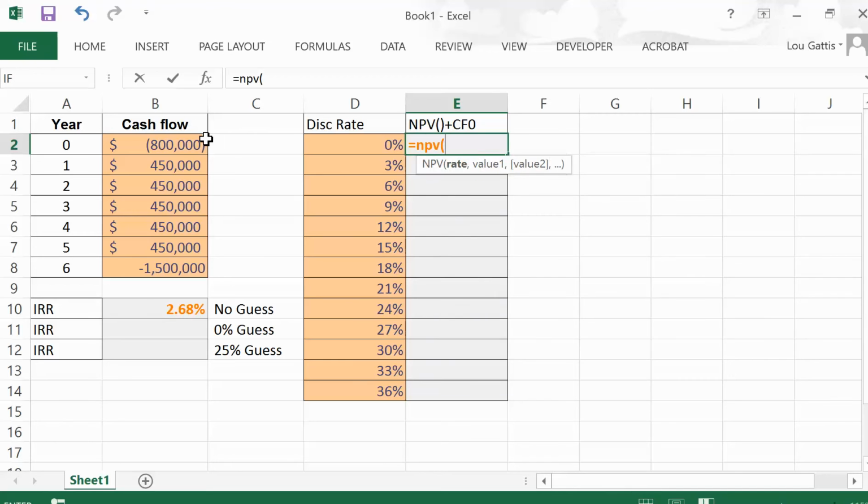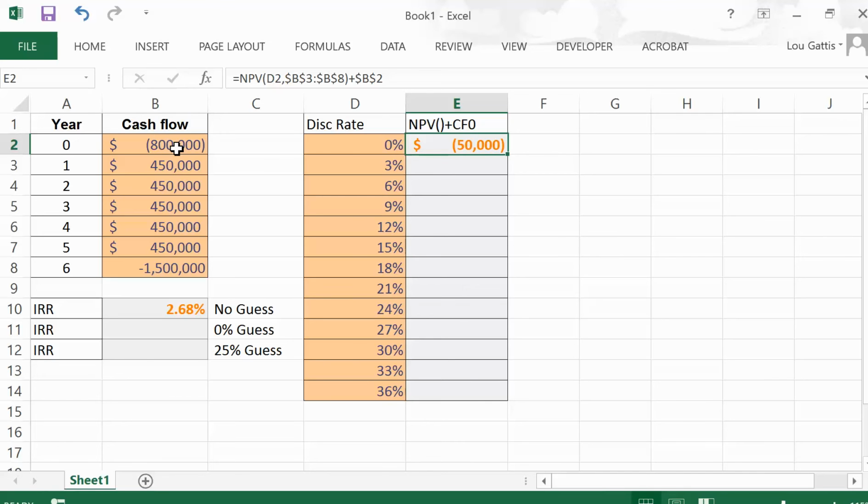I'm going to do my NPV. I'm going to put in this rate here, comma, and the cash flows from years 1 to 6. I'm going to hit F4 to anchor those. And then we also have to take care of the initial cash flow, $800,000. I'll anchor that. So there's my NPV, minus $50,000.